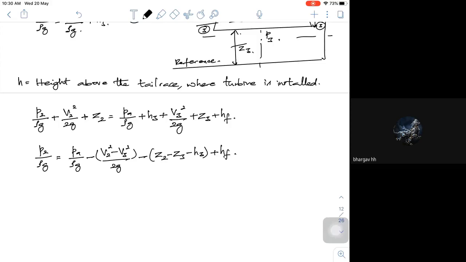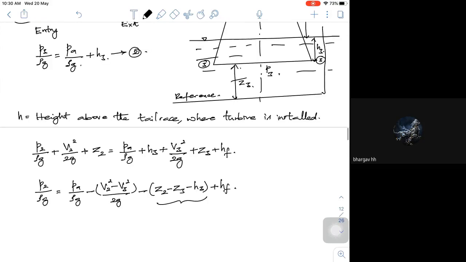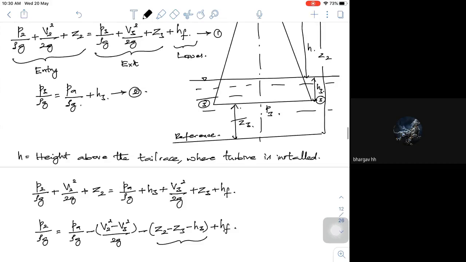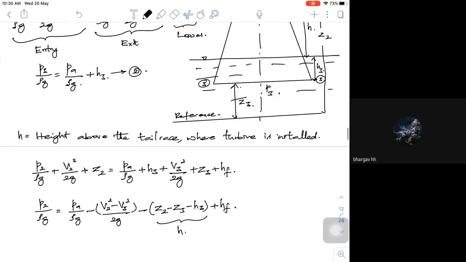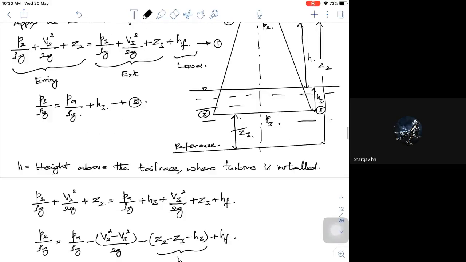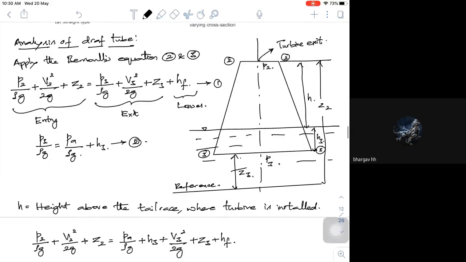Now what is this actually? If you closely observe, Z2 minus Z3 minus H3, if you do, that is your H. That is the head under which your turbine is working. So what I will write?